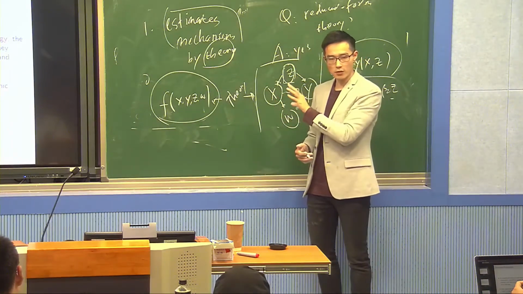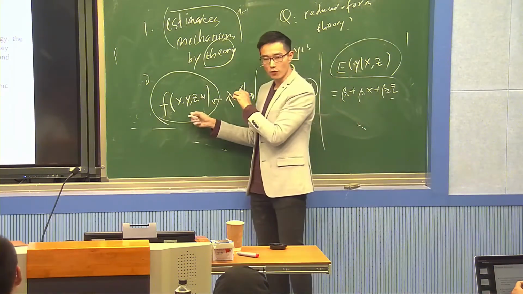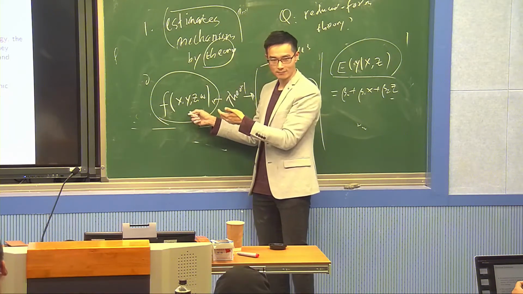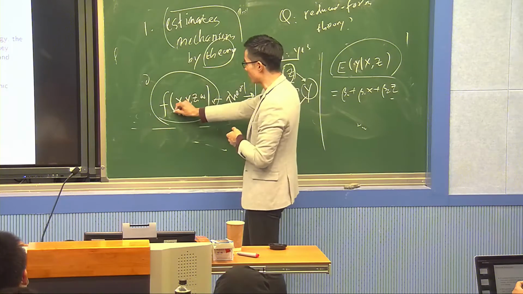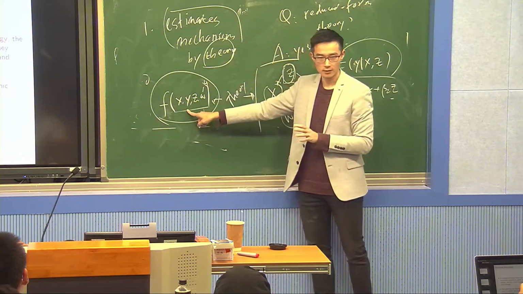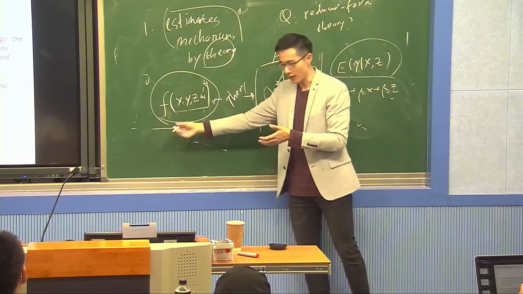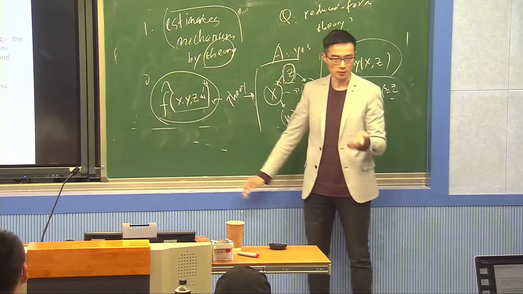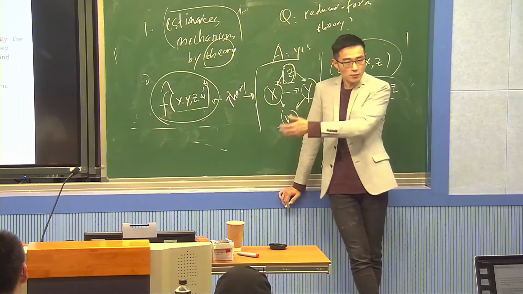What structural estimation does is treat this functional form specified by the theory very, very seriously, and then estimate all the parameters in this functional form according to the theory, and then use the estimated f to do all kinds of prediction, like counterfactual simulation. Counterfactual prediction. That is really the difference between them.